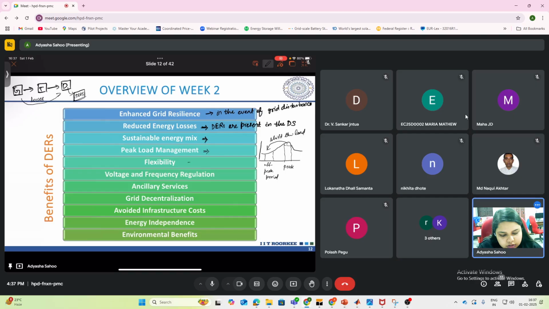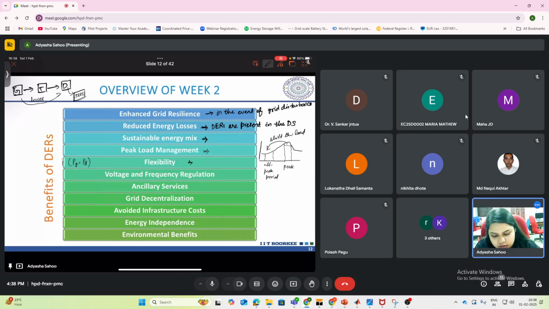Then flexibility. What is meant by flexibility services? The first requirement in the electrical grid is that your generation is equal to your demand, and flexibility services means all the services that help you maintain the system.